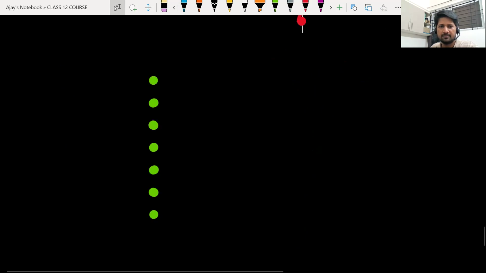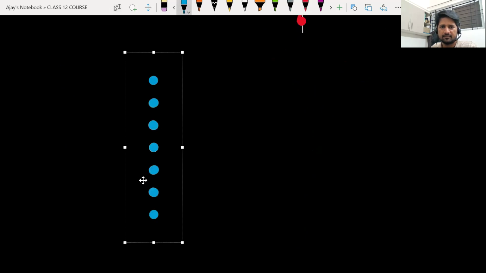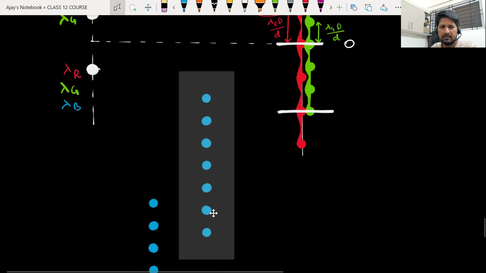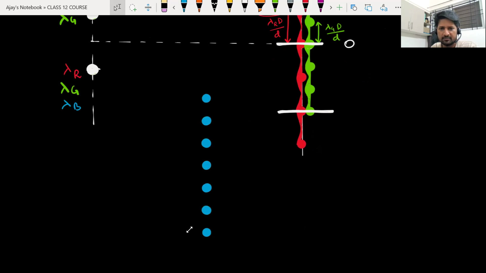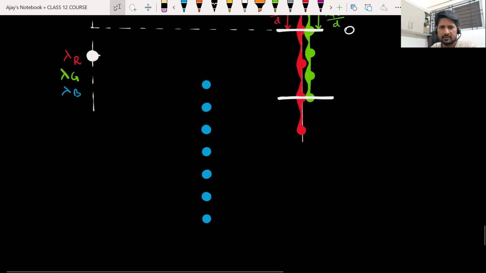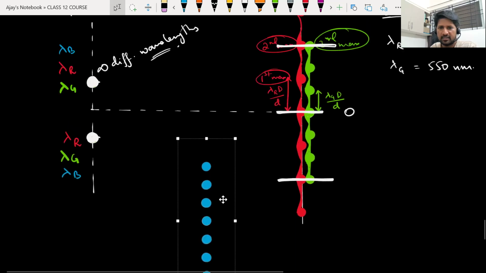Just a moment. Blue's wavelength is smaller, so the bands have to be closer. Like this. Let's put that pattern also here.